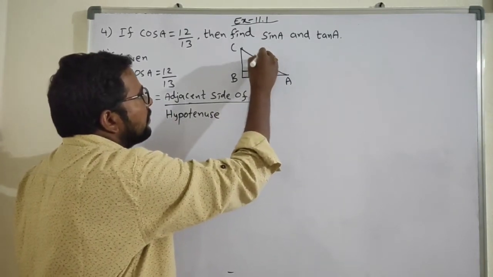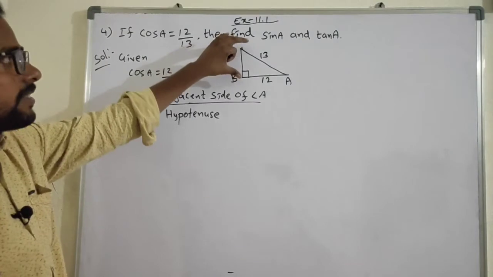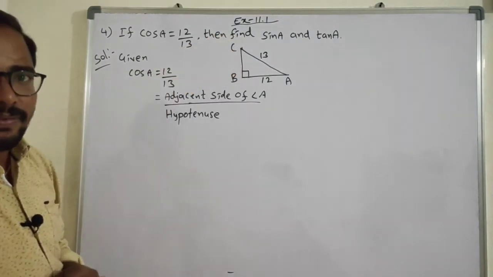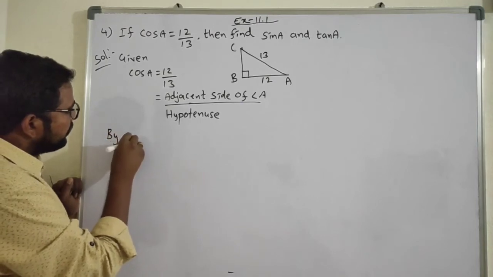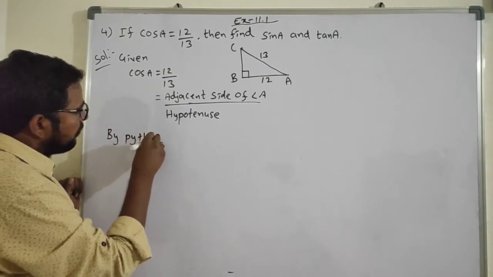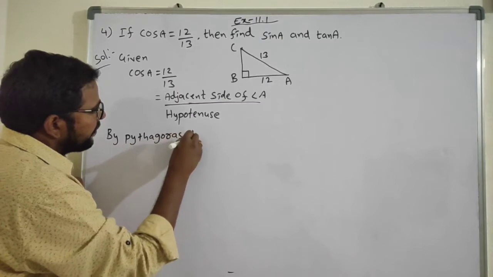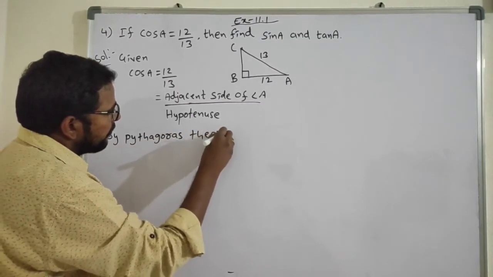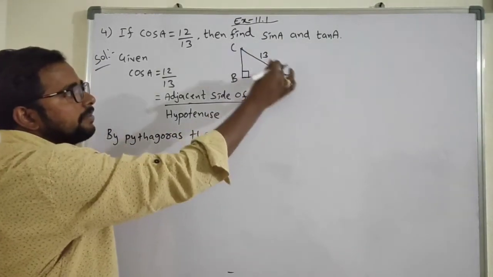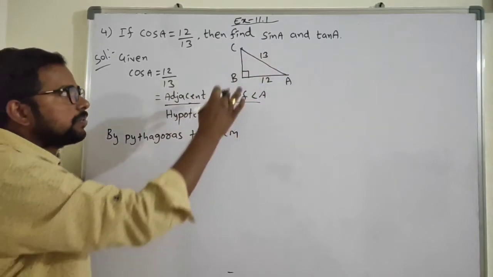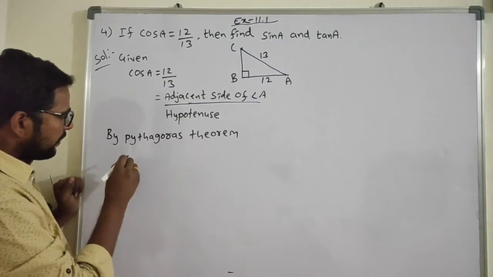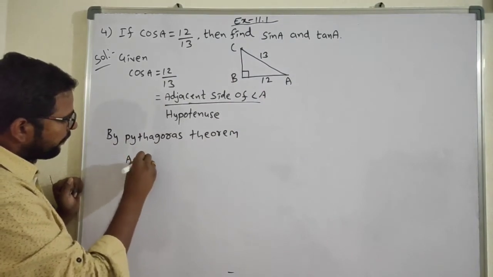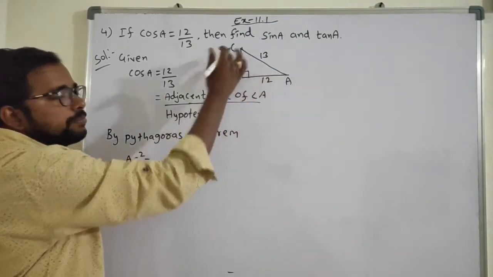We will find the third side BC by using Pythagoras theorem. Hypotenuse square is equal to side square plus side square. The hypotenuse is AC, so AC square is equal to AB square plus BC square.